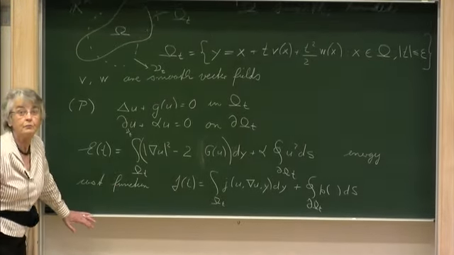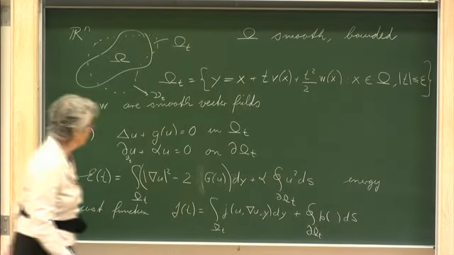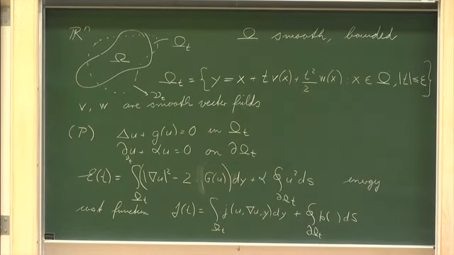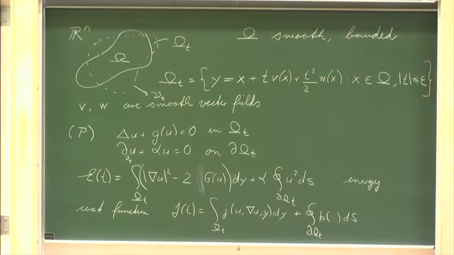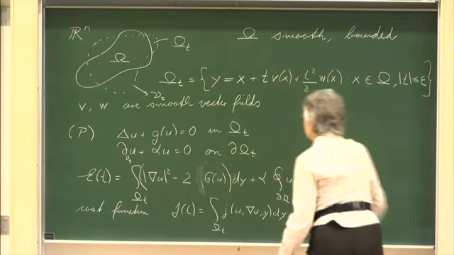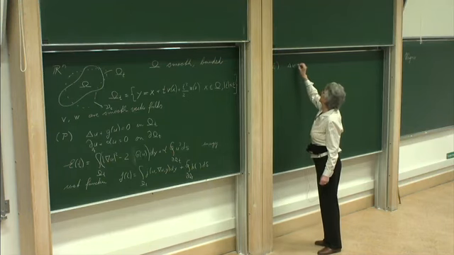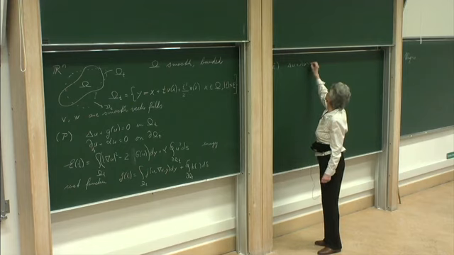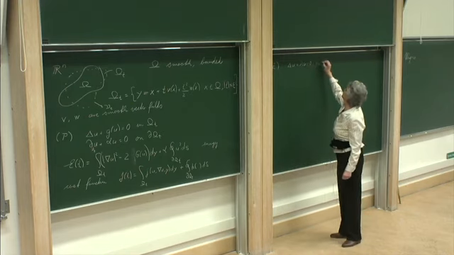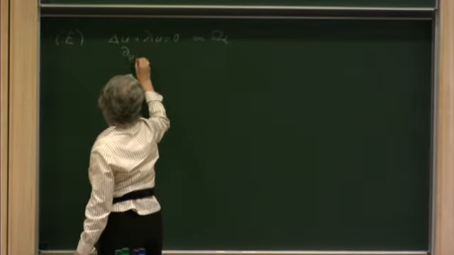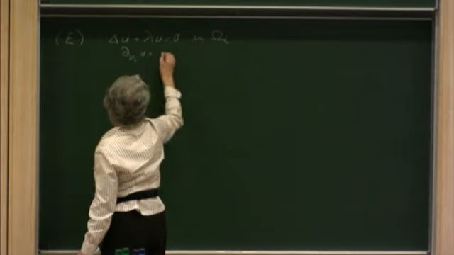Another type of problem which can be treated by the same methods are eigenvalue problems. The analogous eigenvalue problem would be in this case Laplacian u plus lambda u equals 0 in omega t, with Robin boundary conditions.